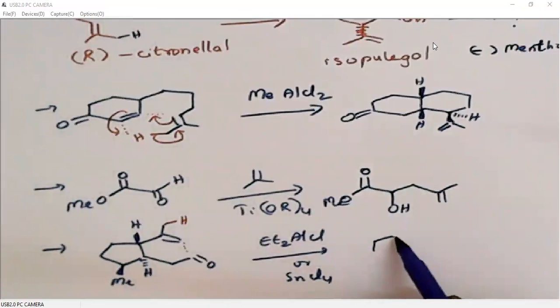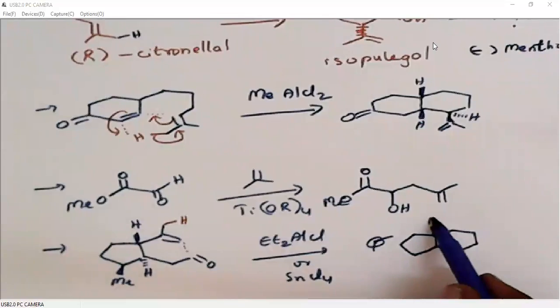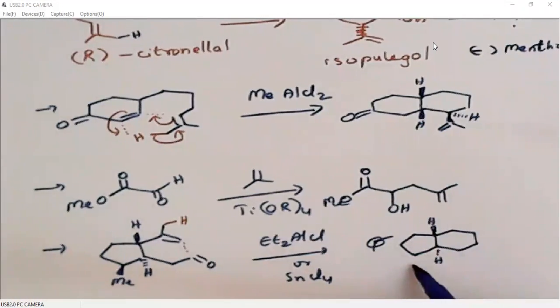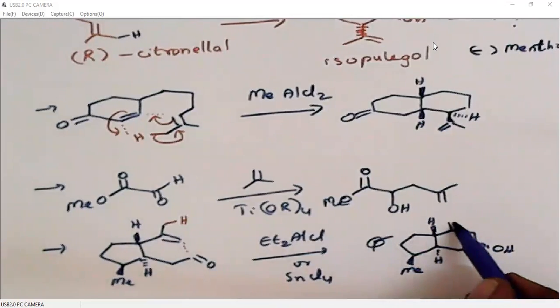So what is the product here? It is forming an alcohol, and this is the double bond.